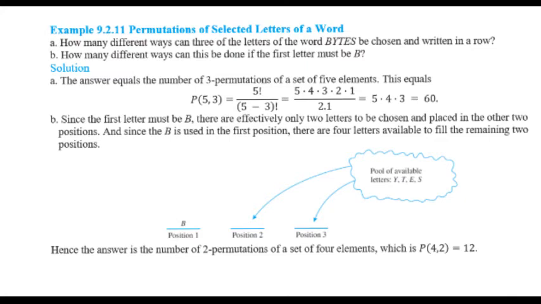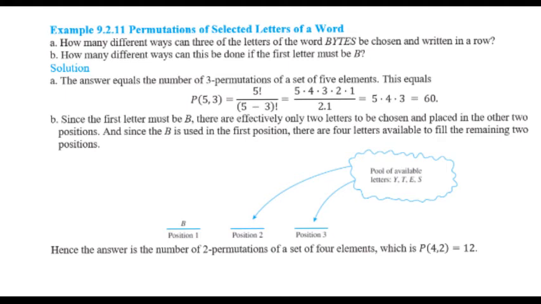And then, since we are going to find the 3 permutations, the total number of 3 permutations of these 5 letters, we need to find out what the value of P of 5 and 3 is, because P of 5 and 3 is the total number of 3 permutations of a set of size 5, correct? So it should be equal to 5 factorial divided by 5 minus 3 factorial, which is equal to 60.